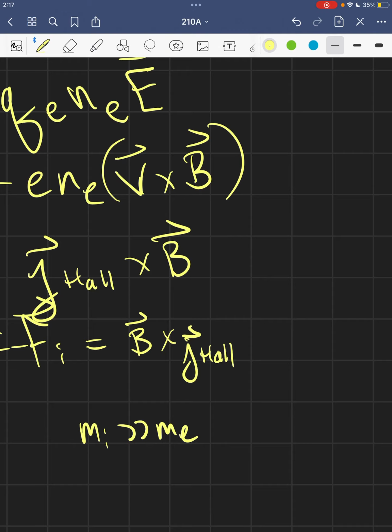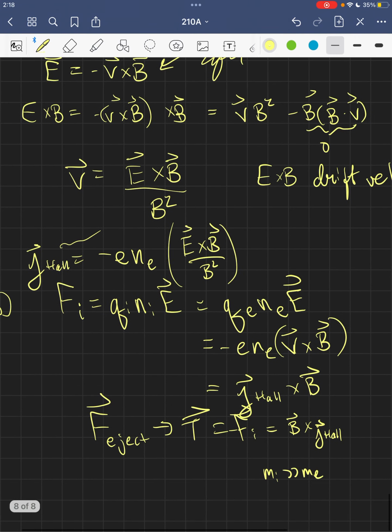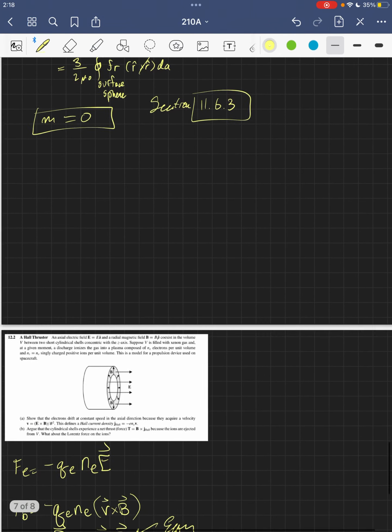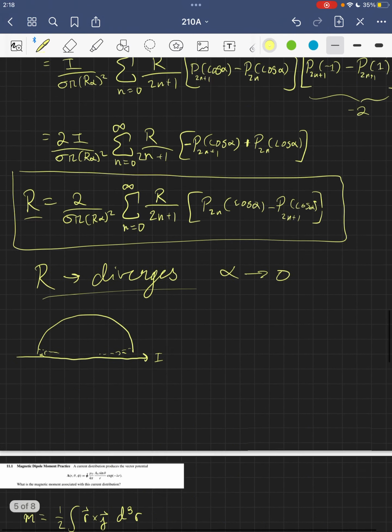It takes a lot more force to move the ions, because of their momentum. That's all it's saying. So, as expected, the Lorentz force would be low or negligible. Sorry, I was just reading my notes to make sure.